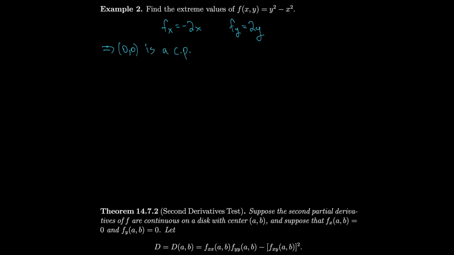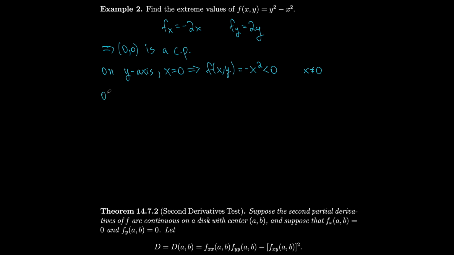So let's see what that critical point is. Well, how about we look at points nearby? If we look at points on the y-axis, then x is 0. So that means that f of (x, y) becomes minus x squared, which is negative, provided that x is not 0.